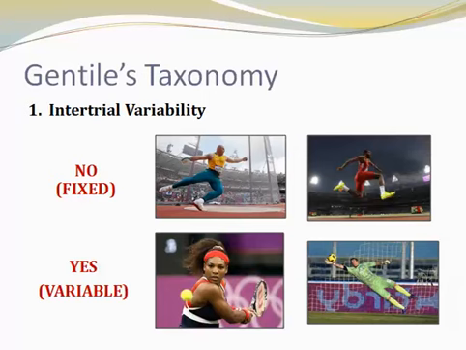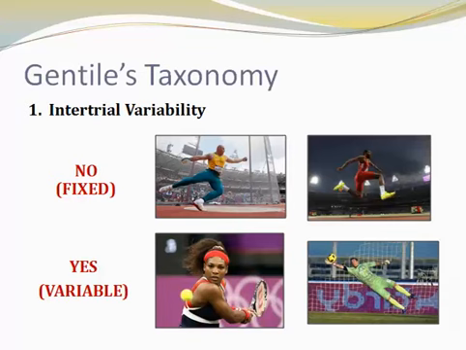The environmental context is, let's say, the parameters of the discus ring, the size of the discus, for example. Whereas the running lane for the triple jump stays exactly the same every single time. So our intertrial variability would be considered no in this case.